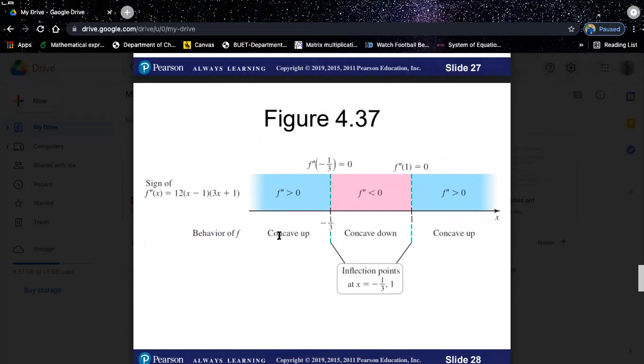Rather, we need to check whether it's changing its concavity at that point or not. And the answer is yes. At -1/3, we can see it's changing its concavity. That means it is an inflection point. And the same reasoning goes for the second point as well.